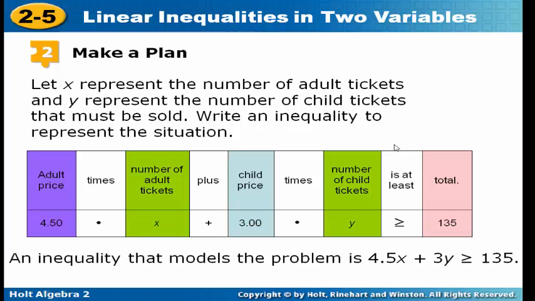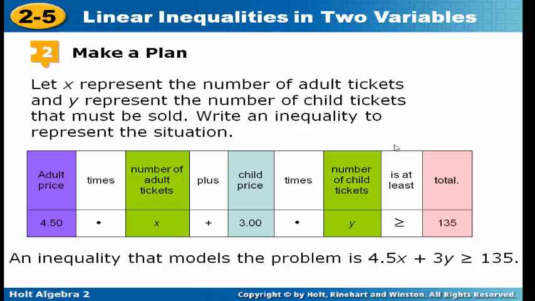Adult price 4.5, number of adult tickets x, so 4.5 times x. And then we need the price of tickets for children. The price of a ticket is 3 and the number of child tickets is y, so 3 times y.